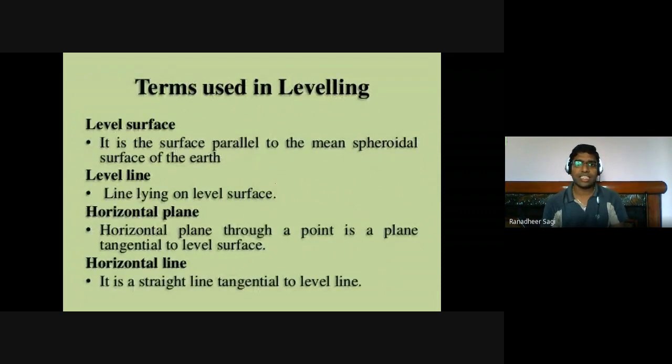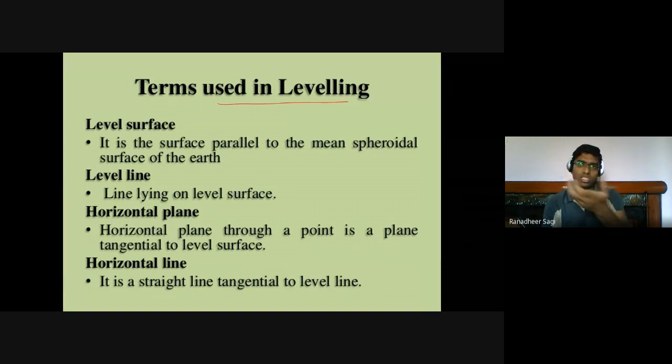Before we talk about how we carry out leveling, there are some basic terms that we are going to come across throughout this leveling. So let us first have an idea of all these basic terms that we will be commonly using, and then we will move on to talk about how we determine those levels with the help of different instruments that are available.